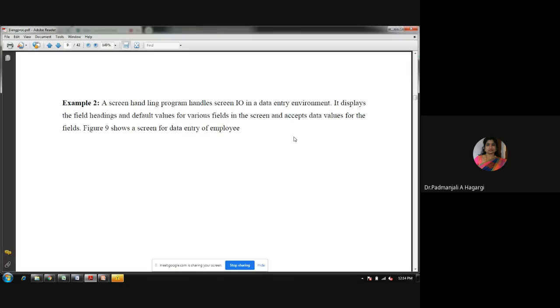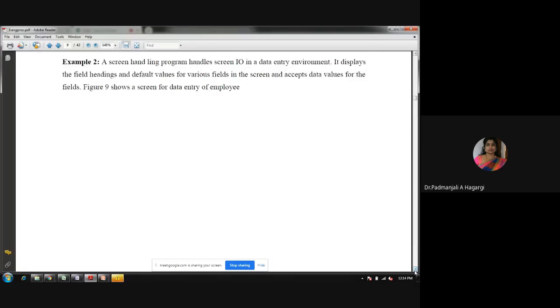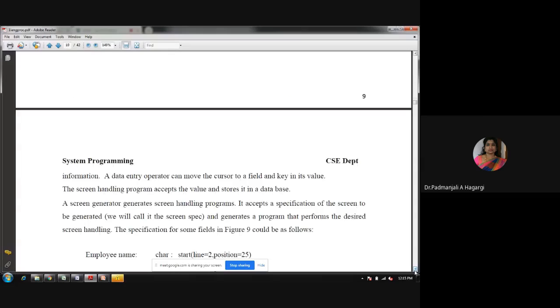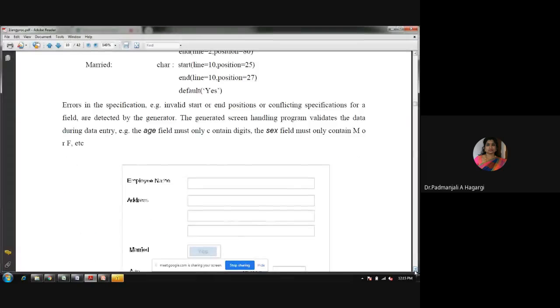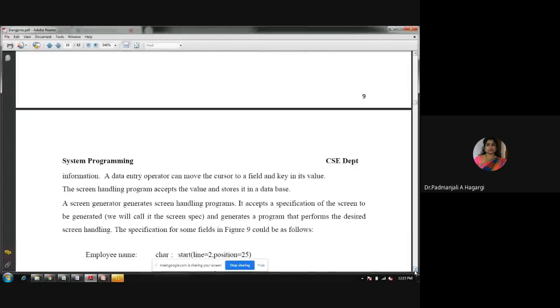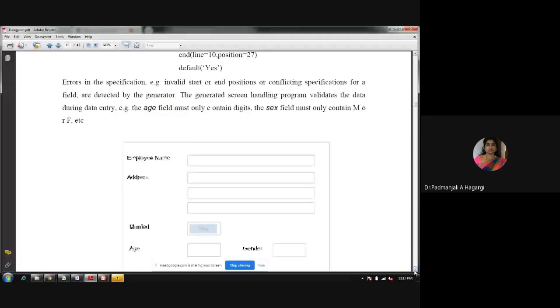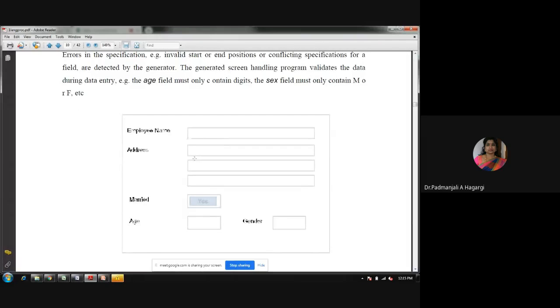Say for example, you are filling some form here: employee name, address, marital status, and also age and gender. So this is an application which I wanted.